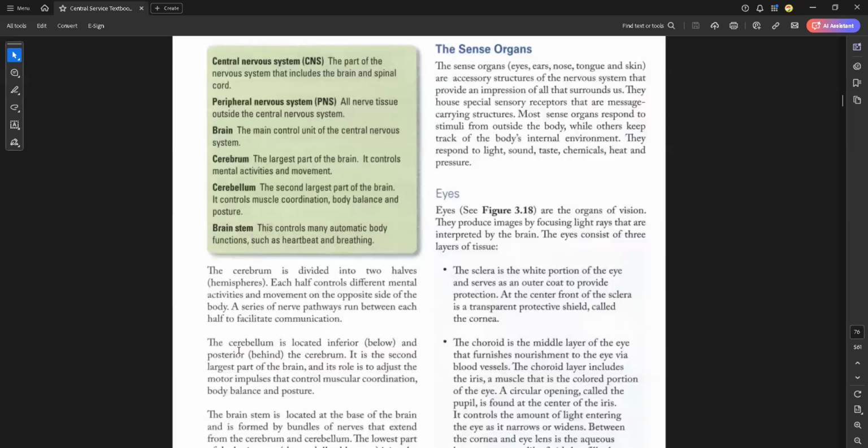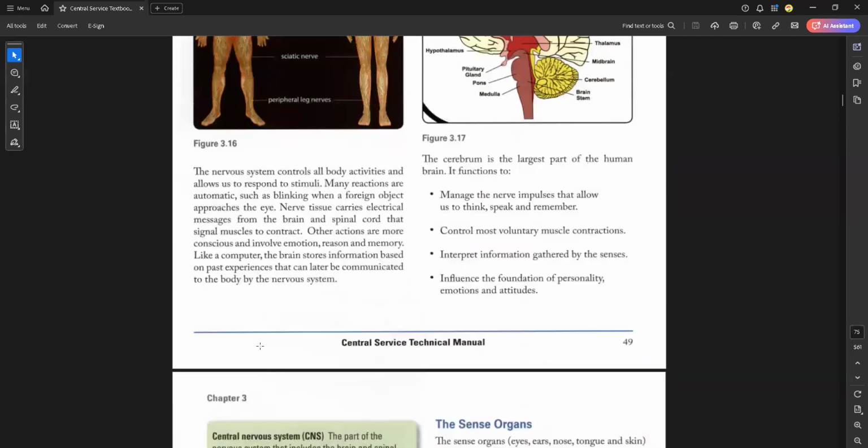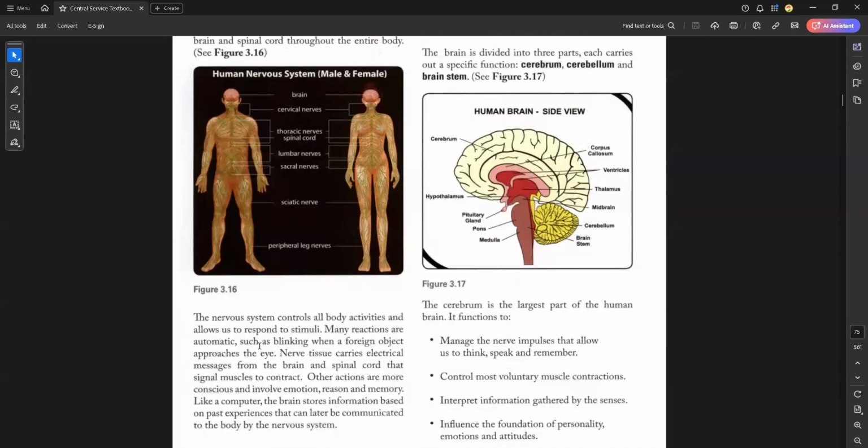When you go to the picture above, you see the brain stem, the yellow thing there, and look at the arrow. That is the brain stem. Then we have the medulla, then the cerebellum, below and posterior to the cerebrum.